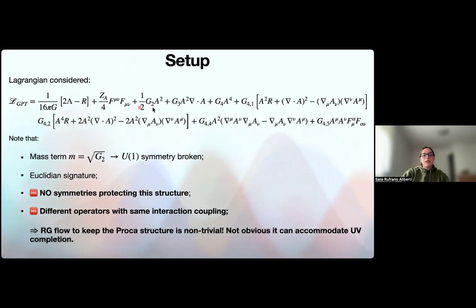Before telling you why we chose this ansatz and also the setup for our computations, let me stress the peculiarities of these theories. As you can see from the Lagrangian, it is highly special because it's constructed by requiring that there are only three propagating degrees of freedom. For constructing this Lagrangian, no symmetries are required to protect this structure, which means that the renormalization group flow could generate terms that break it.